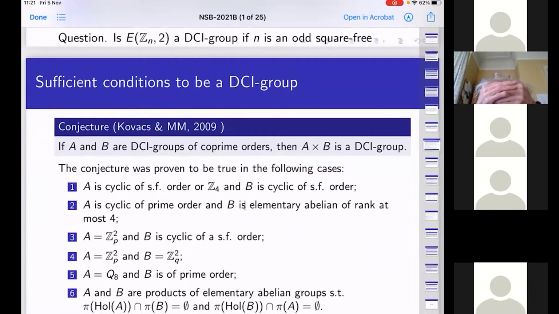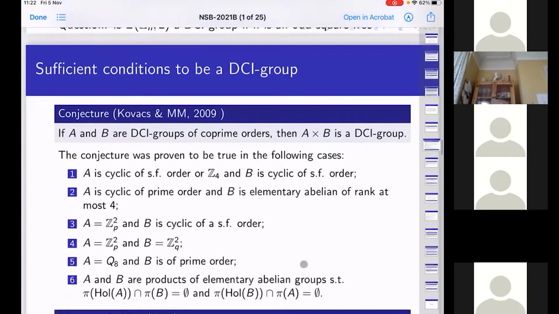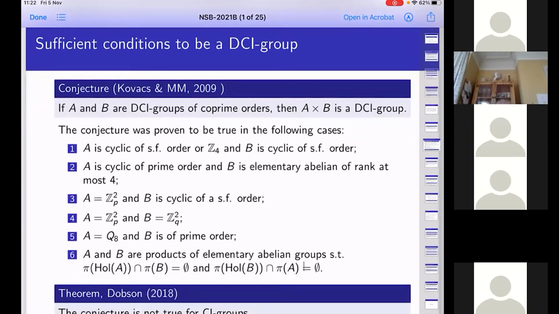We know that if both groups are cyclic, it's correct. If one of them is cyclic of prime order, the other one is elementary abelian of rank at most 4. We know that if one of them is Zp squared and the other one is cyclic of square-free order. For all these values, we have no counterexamples.